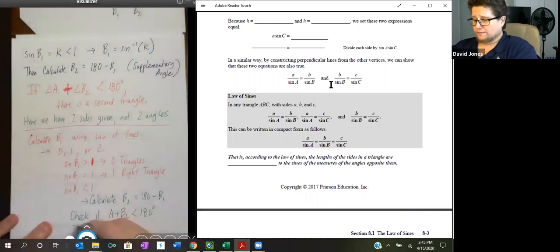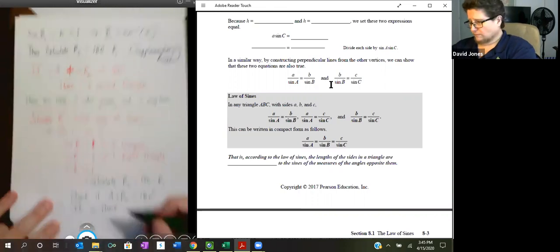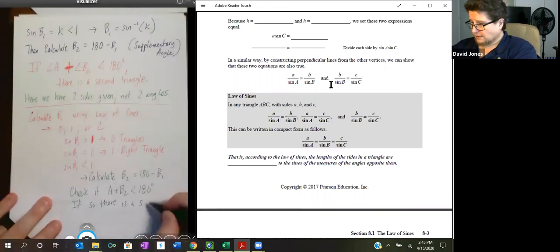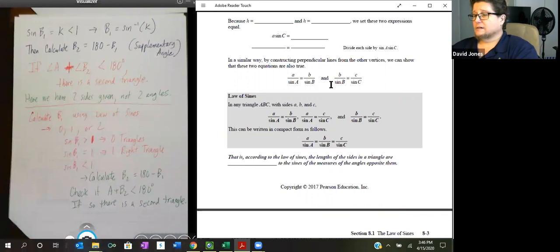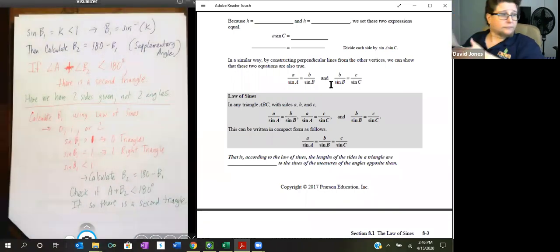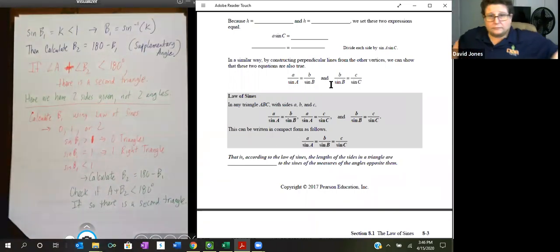If so, there's a second triangle. All right.